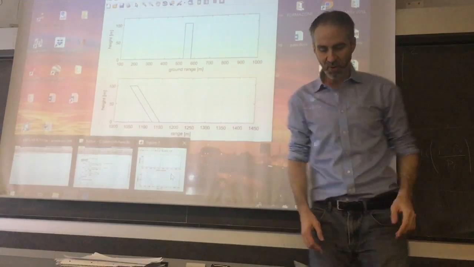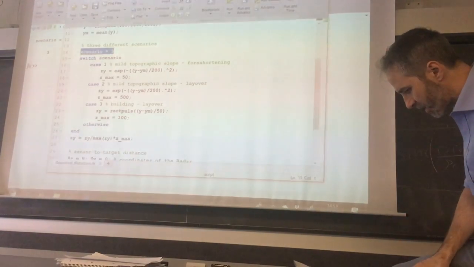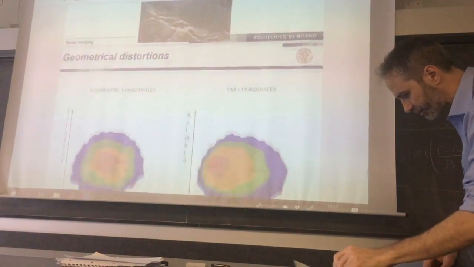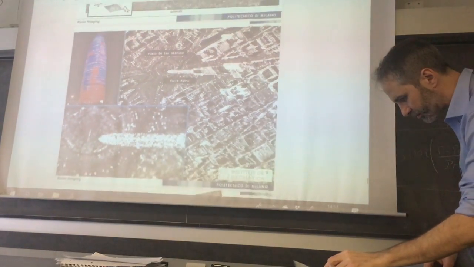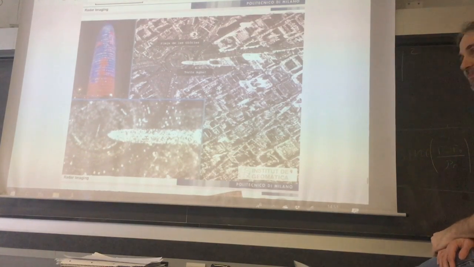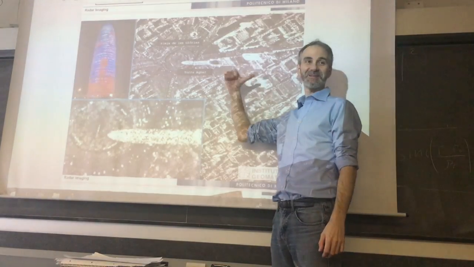And so at this point, with this simple code in mind, it should be easy for you now to tell me where is the flight direction of the radar here. This way, of course. So this is range.